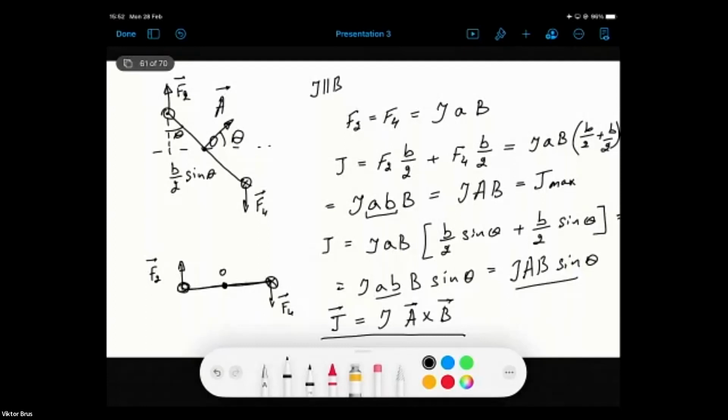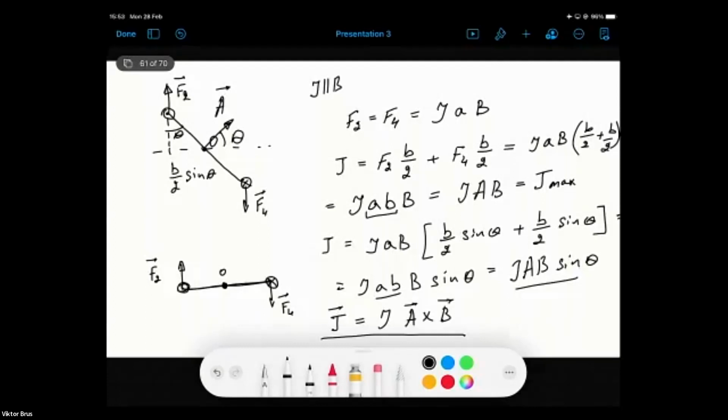So when you integrate, you can calculate the total magnetic force exerted on a conductor of any shape with electric current placed in an external magnetic field.